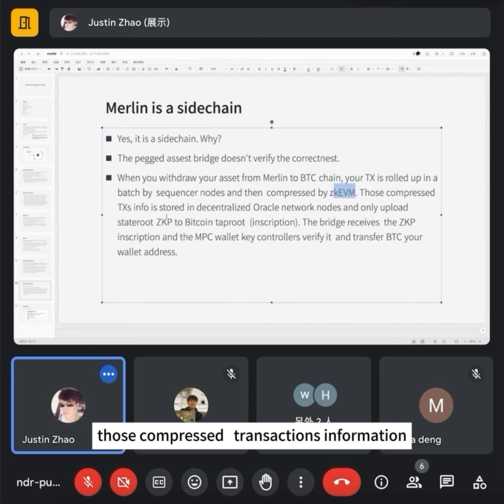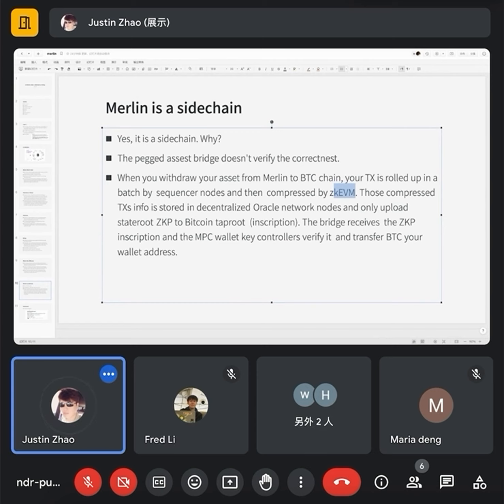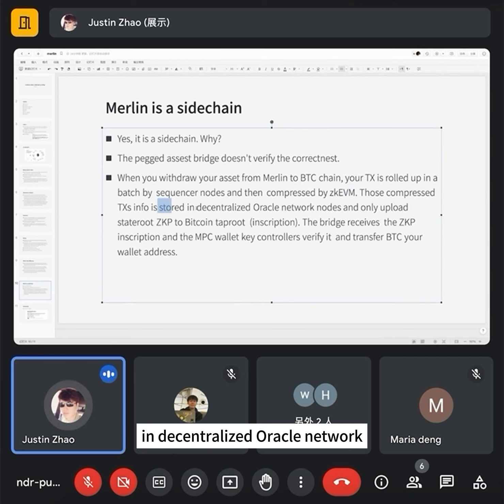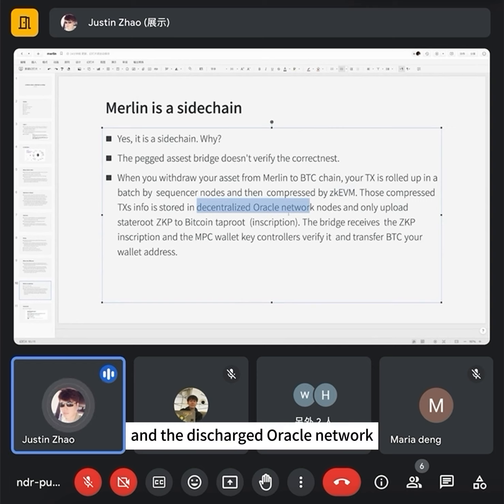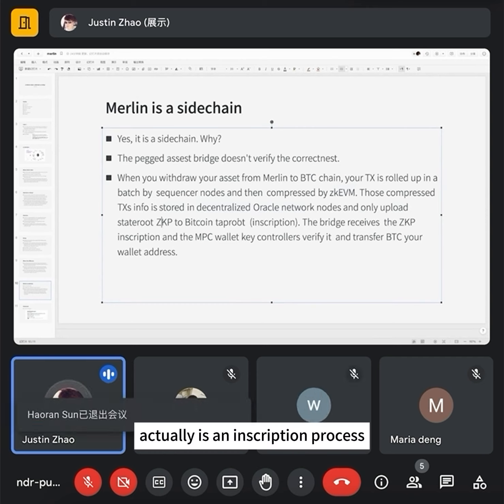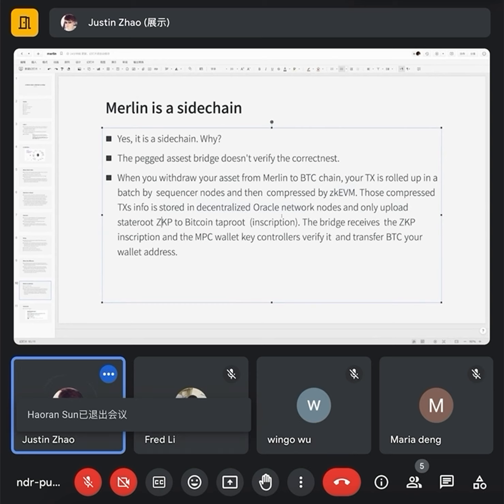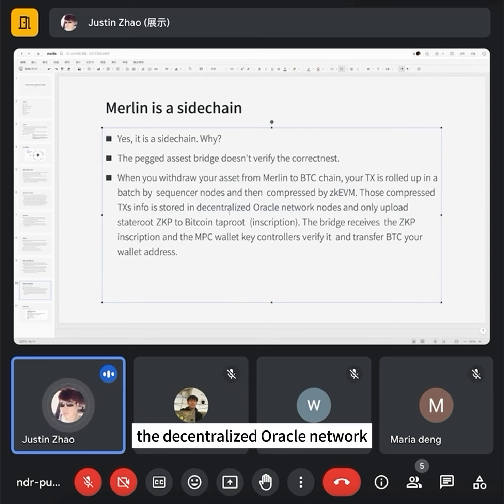Those compressed transaction information is then stored in the decentralized Oracle network, which then uploads the state root ZKP to Bitcoin Taproot. Here, actually, it's an inscription process, which means the decentralized Oracle network inscribes the ZK proof to Bitcoin.